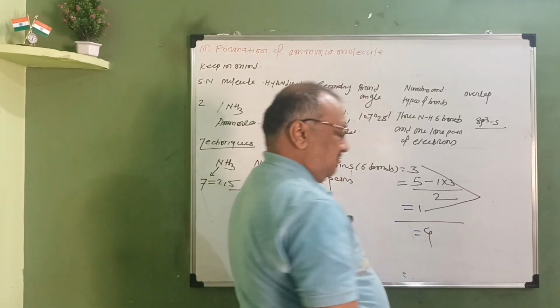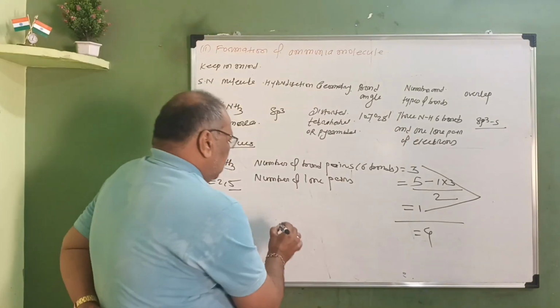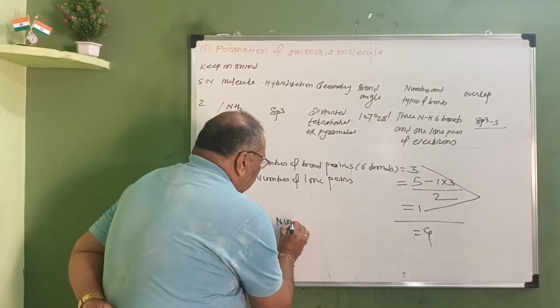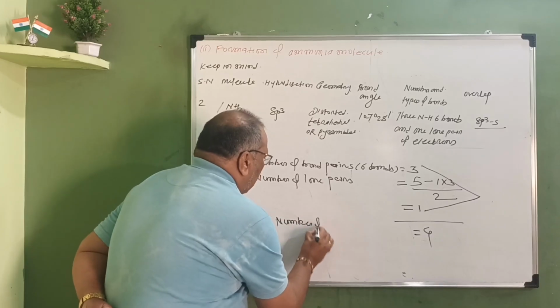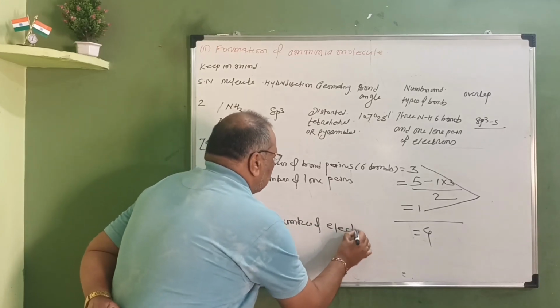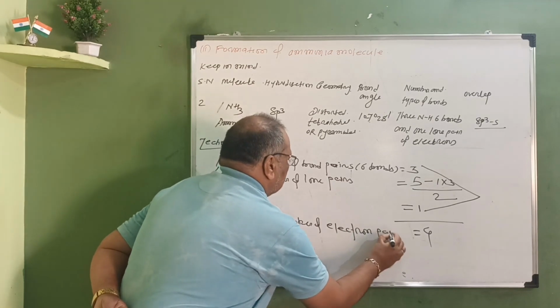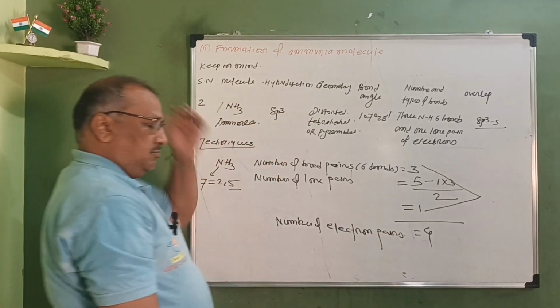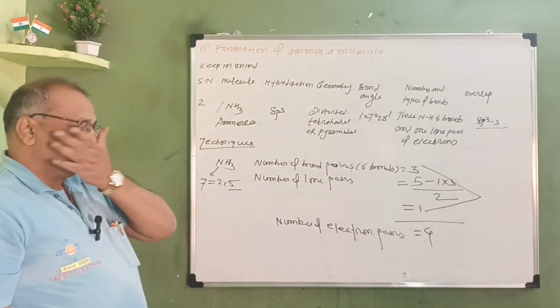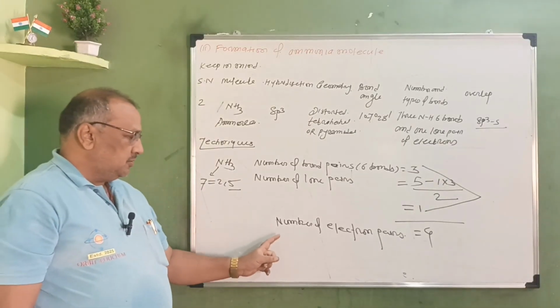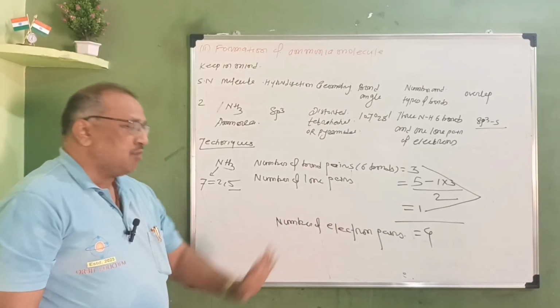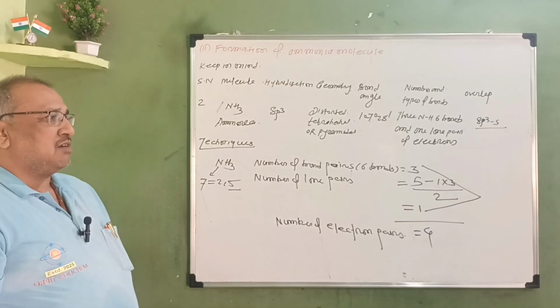That means here you will get the number of electron pairs. Now here the number of electron pairs is 4.